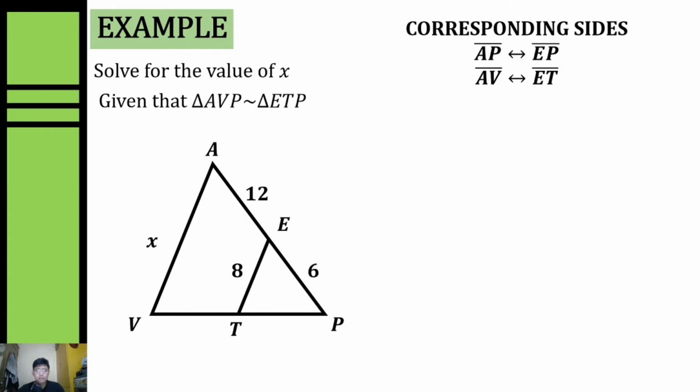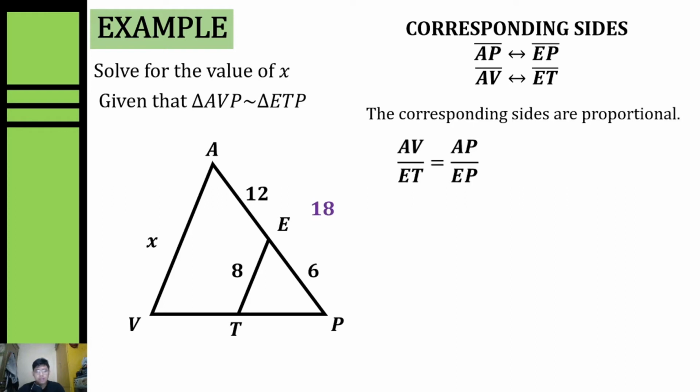We know that similar triangles have corresponding sides that are proportional. Therefore, we are going to formulate our equation: AV over ET is equal to AP over EP. Now let's substitute the values of our sides.